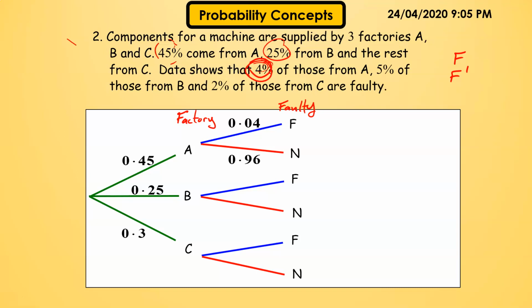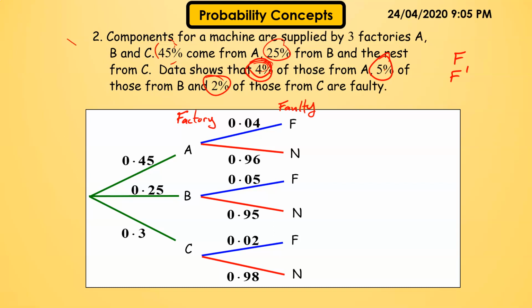For B, we know 5%, so slightly more, and that means 95 are not faulty. And lastly, 2% are faulty with C, 98 are not faulty.